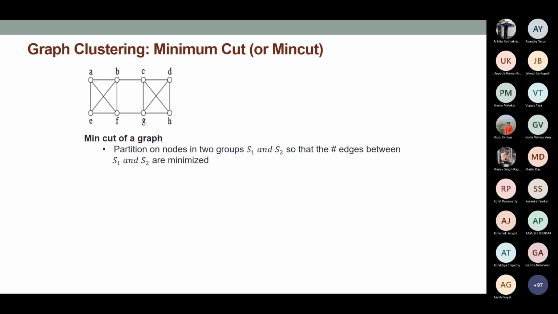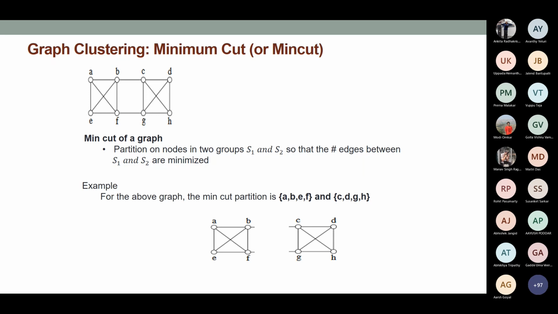Let me take an example and illustrate what actually happens. I have this graph of 8 nodes, and this is what the minimum cut looks like.